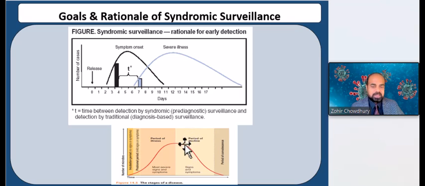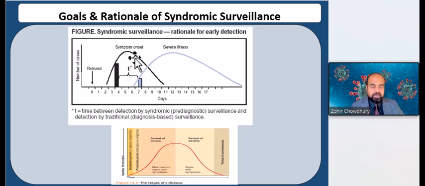You start seeing the rise of cases in the general population once a significant number of people have reached this severe illness phase. In syndromic surveillance, on the other hand, you look at the same types of symptoms, known as syndromes.